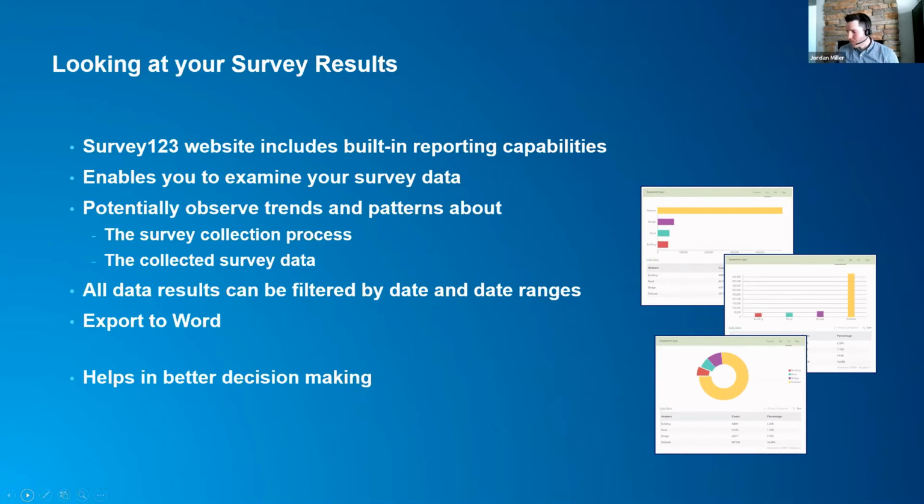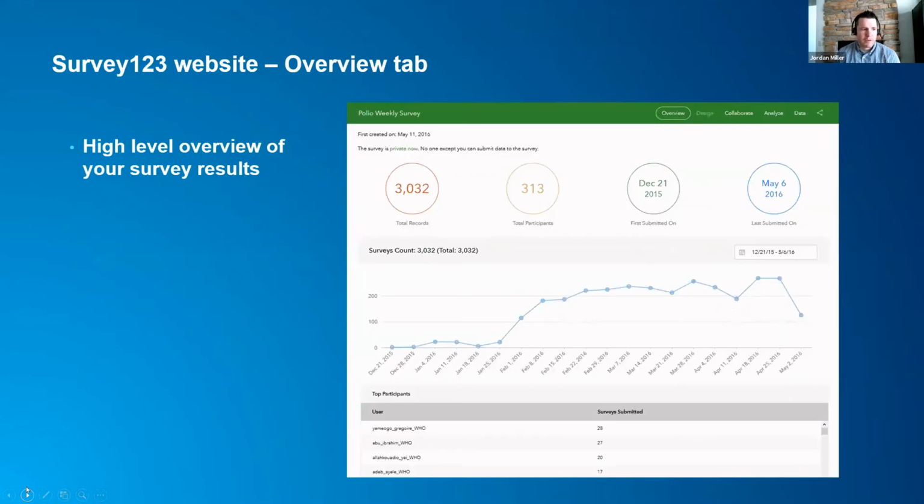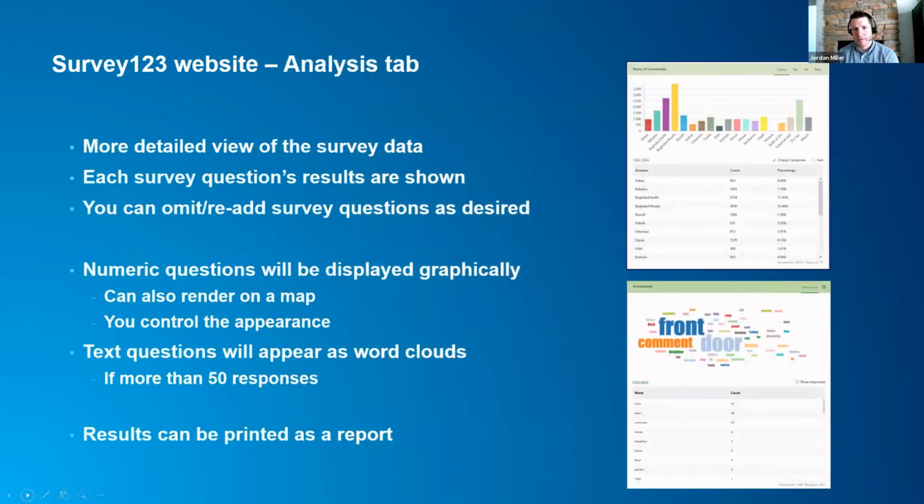You can export these results to Word documents, or you can just quickly slap them in a PowerPoint if you want to do a quick summary report. There's a quick overview tab, so if you wanted to see how much usage that survey is getting, this is just right above in the design toolbar. There are some quick analysis type tabs you can go through and view the reporting for that particular survey. This is a bit more detailed view of the interaction with that survey and the input.